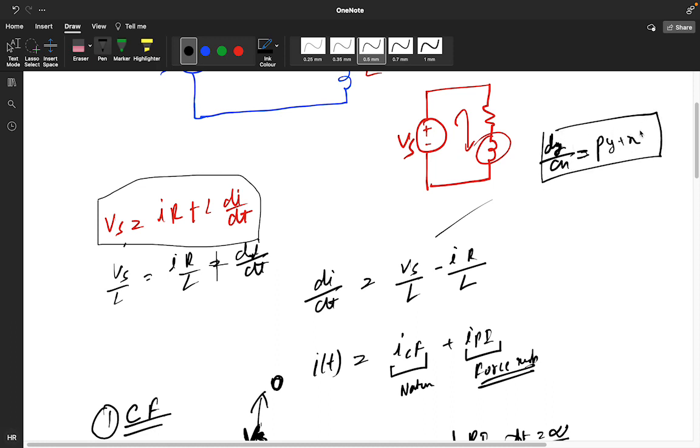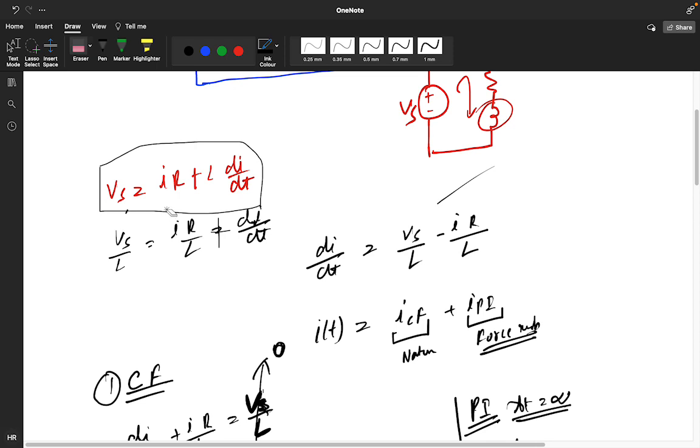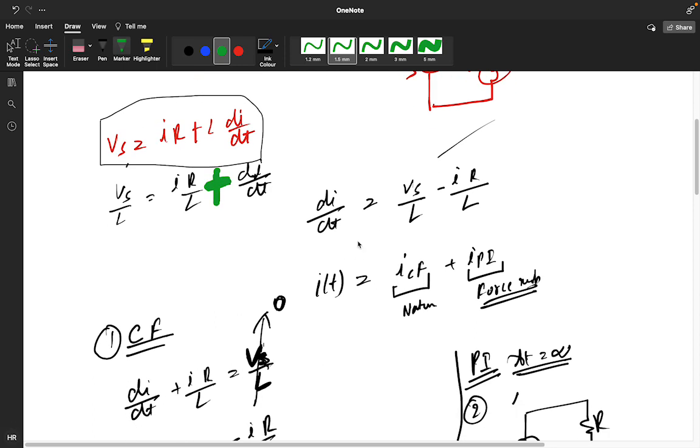We will study these things, the auxiliary equation, differential equation, everything; I will not discuss it here. Just form the equation like this: Vs by L plus I R by L plus di by dt.